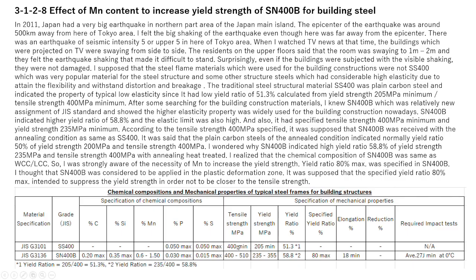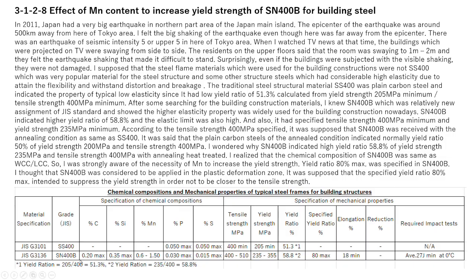This is a 400 megapascal tensile strength with around 200 megapascal minimum yield strength. This is typically a plain carbon steel in the annealed condition. So the yield ratio indicated 51.3%, a very low yield ratio.